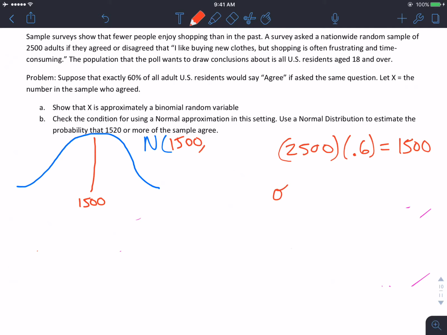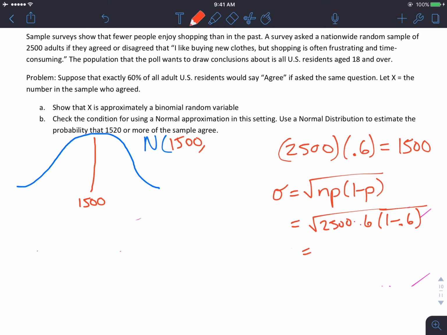If you remember standard deviation, our standard deviation is going to be 24.49 if you do that math.